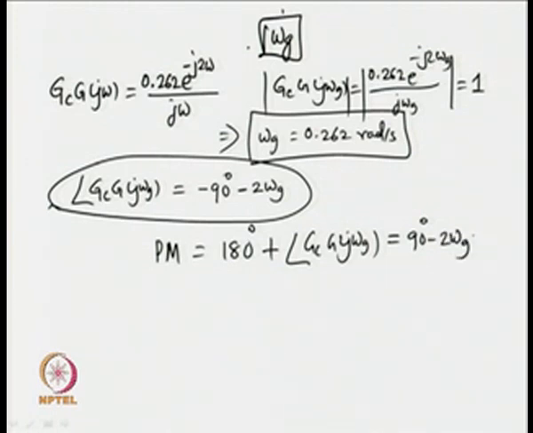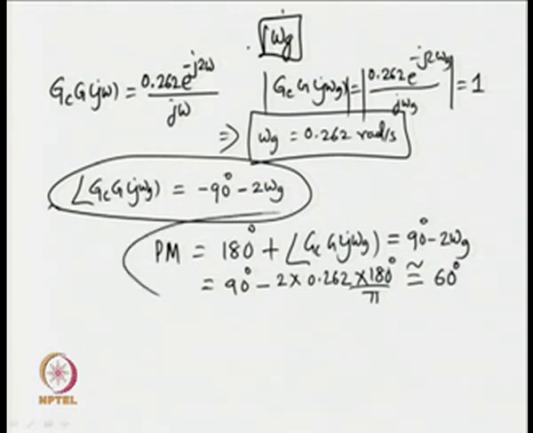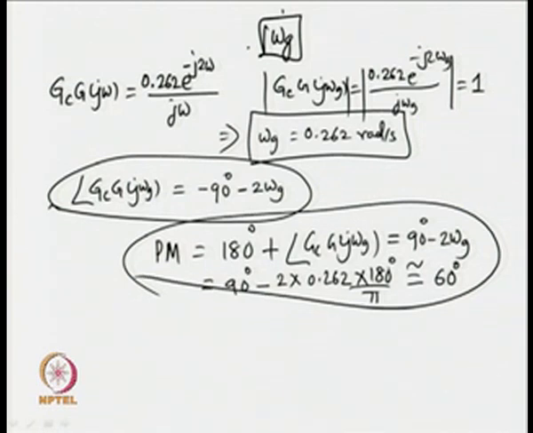And when this is put in the degree form, 90 degree minus 2 into 0.262 into 180 degree by pi, upon solving one will obtain this to be nearly 60 degree. So, thus the phase margin of the system can be obtained in this fashion once we are able to find the gain crossover frequency of the loop.